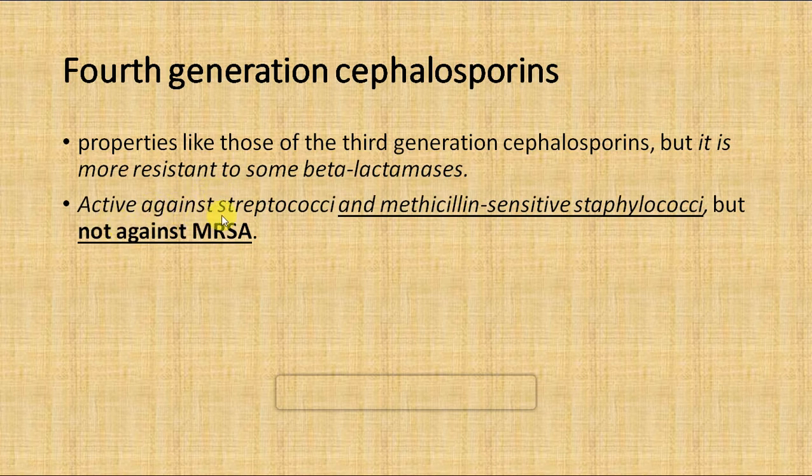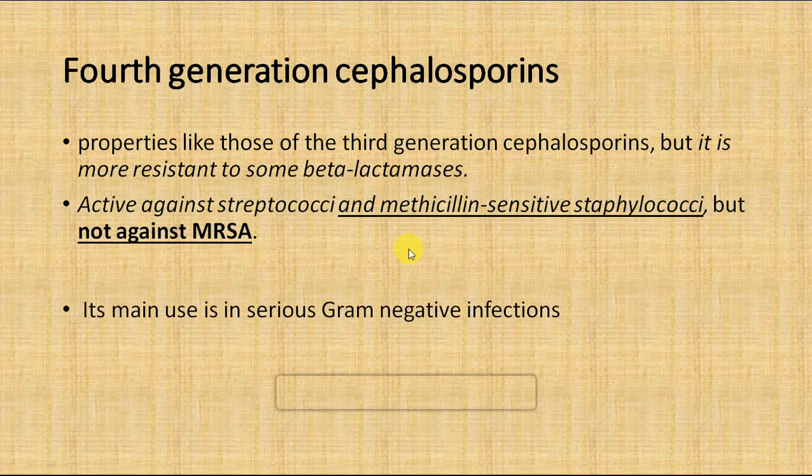They are more active against streptococci and methicillin sensitive staphylococci, but not against methicillin resistant Staphylococcus aureus. So we cannot use them against the MRSA, but we can use them against the streptococci and other sensitive strains of Staphylococcus, but not against MRSA.